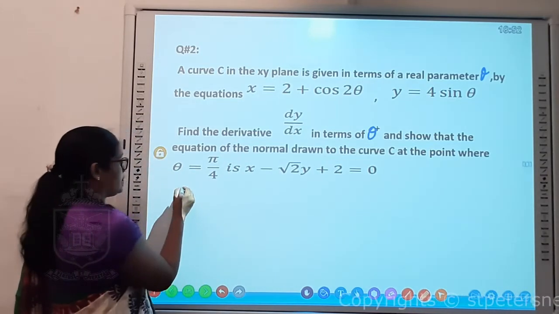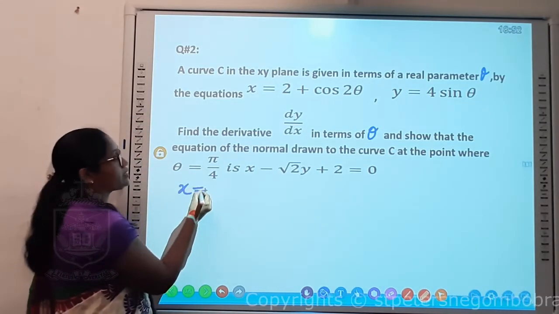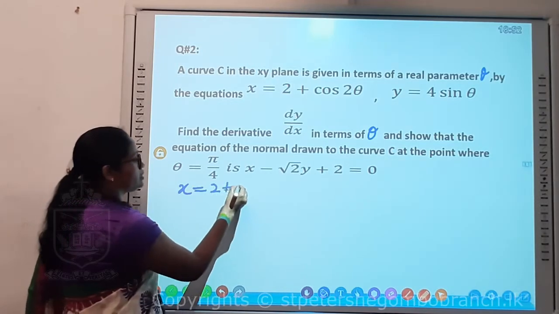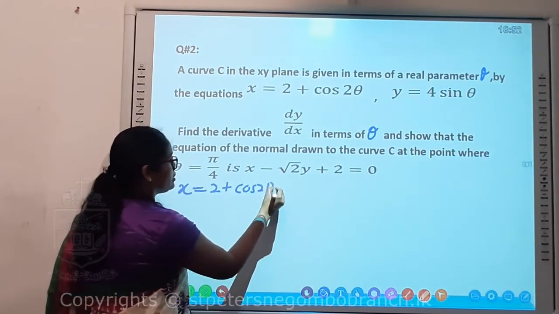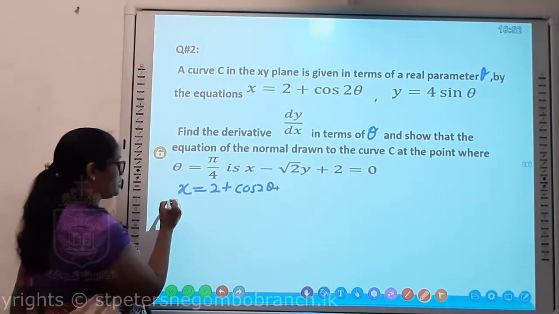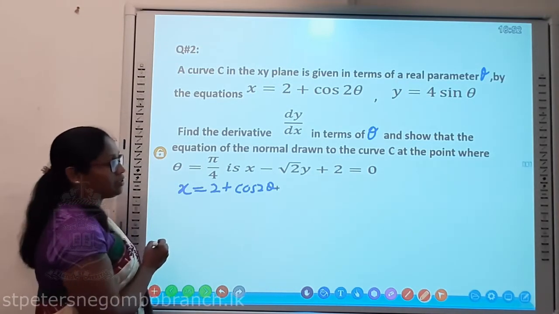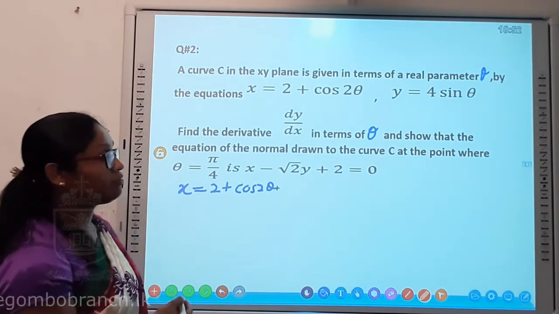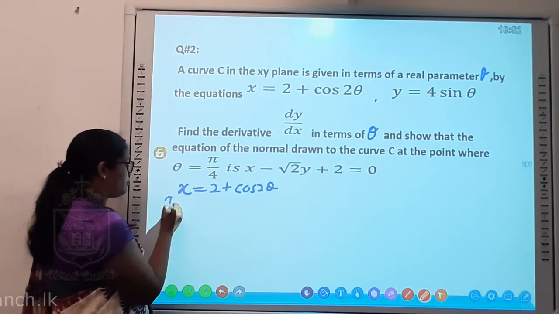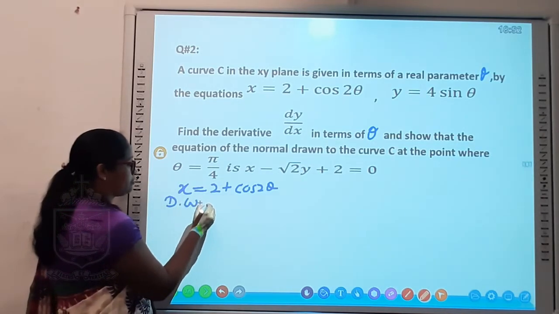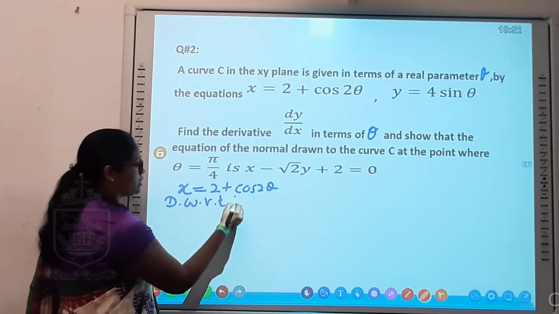So the first thing, x equals 2 plus cos 2 theta. I differentiate this equation with respect to theta because the equations are given in parametric form.